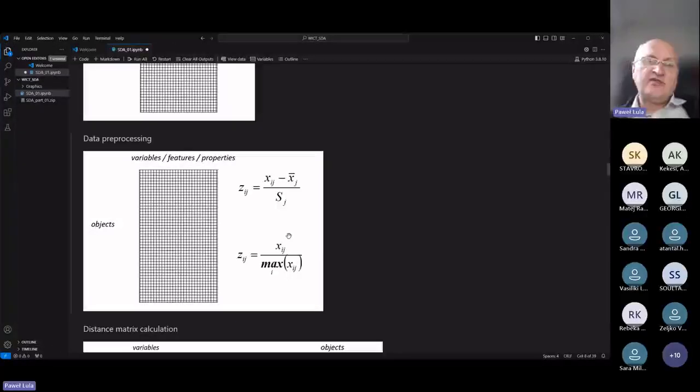And it is, I think, the main conclusion which can be formulated here. If we know that every variable should have the same impact on the final results, then we should use this method for data scaling, data normalization, data standardization.